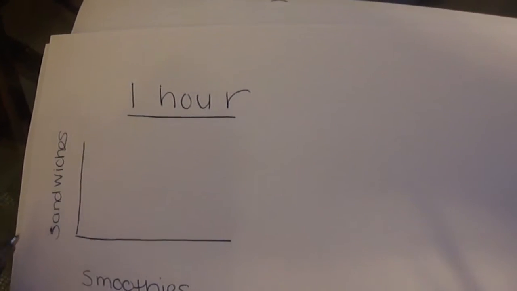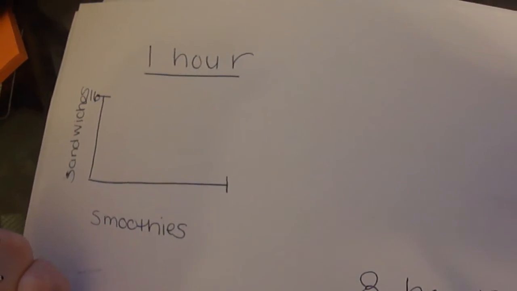So if it can produce 3 times as fast, my sandwiches still stay the same at 16 sandwiches for 1 hour. Instead of 20 smoothies for 1 hour, it would become 60. 20 times 3 is 60. So then you draw your curve, and this is 0.